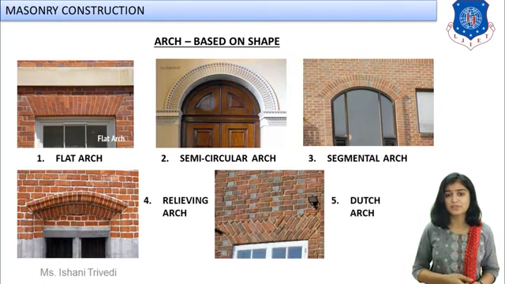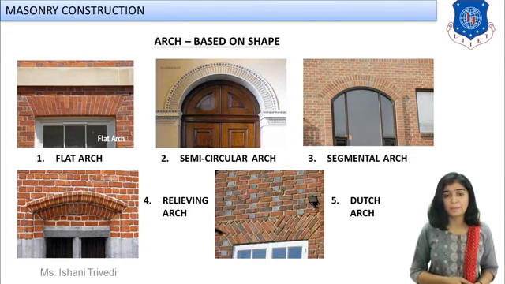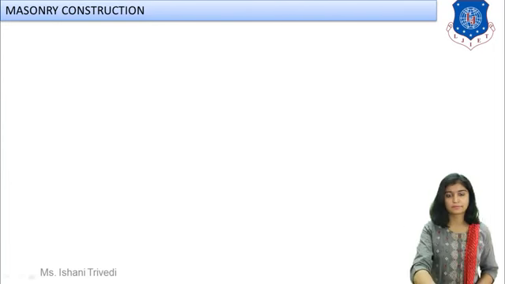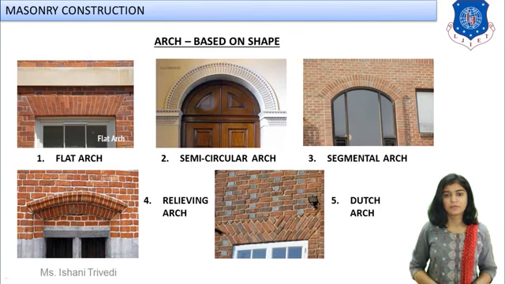That is based on the shape. First, what do we have? We have flat arch. The name itself says the arch will be flat, right? Again, it becomes a type of a lintel itself. You can say that if you ask me. This makes your flat arch.